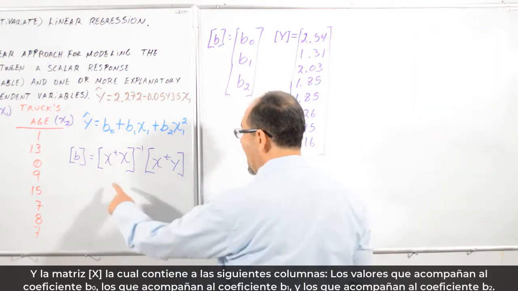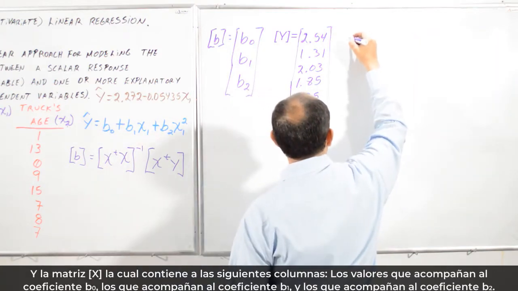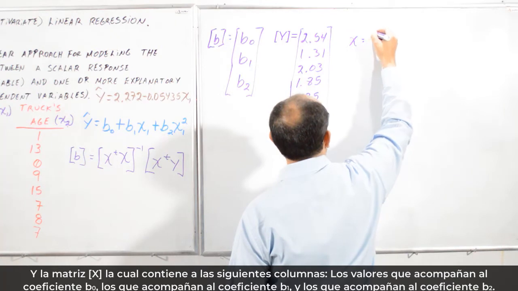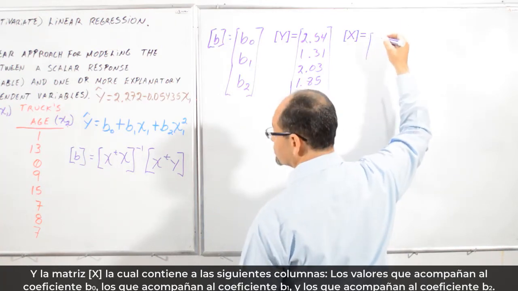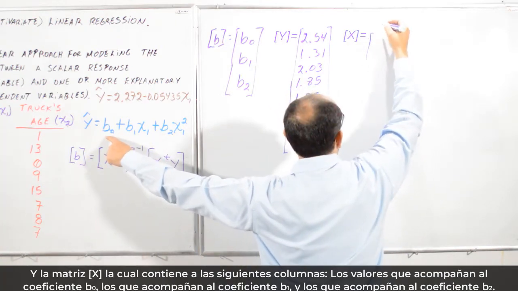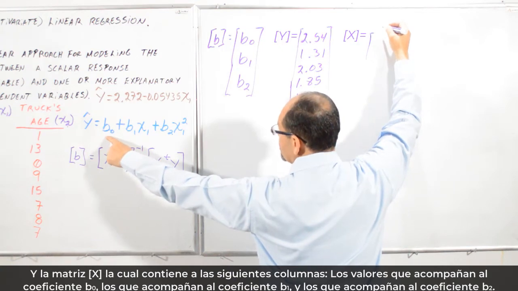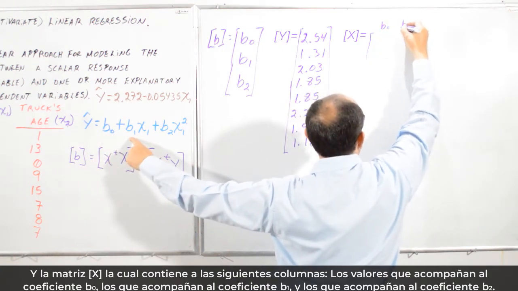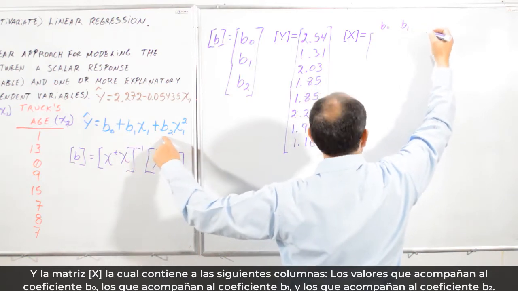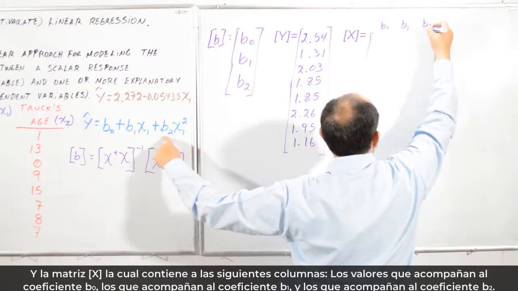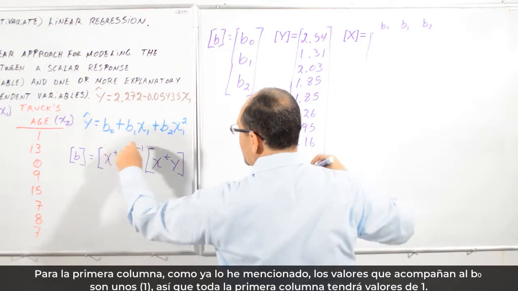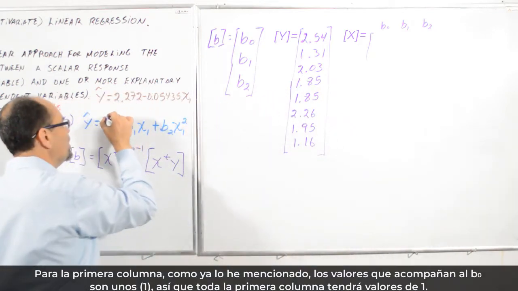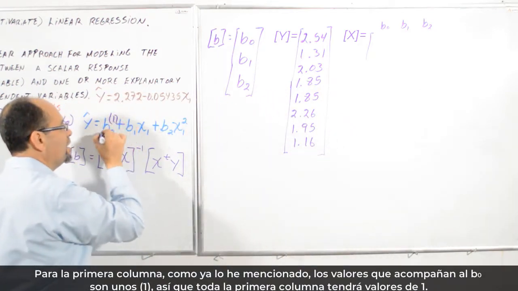And matrix X will be equal to the first column, which is the one that goes with B0, the one that goes with B1, and the one that goes with B2. For the first one, as I have said before, here we are having a 1.